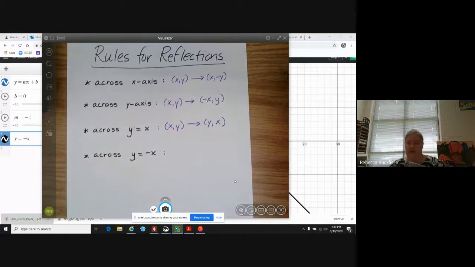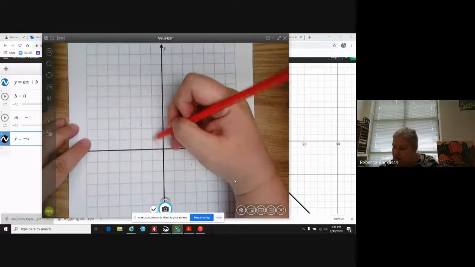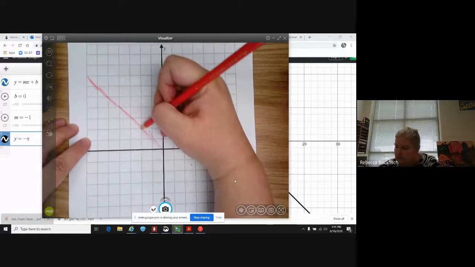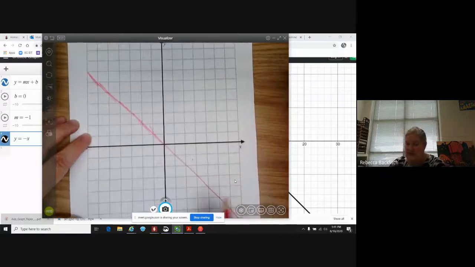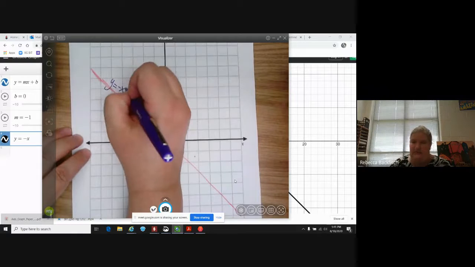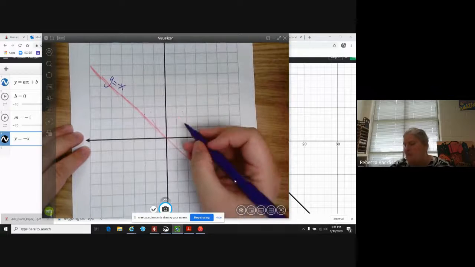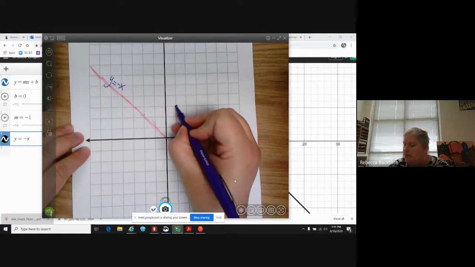And the last one we're going to talk about for a rule is if you go across the line y equals -x that I talked about. Okay, let's say the point 1, 3.